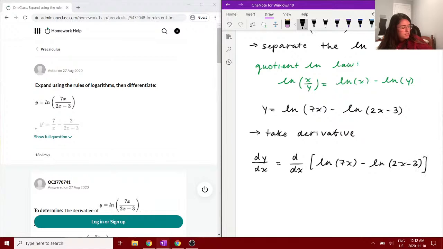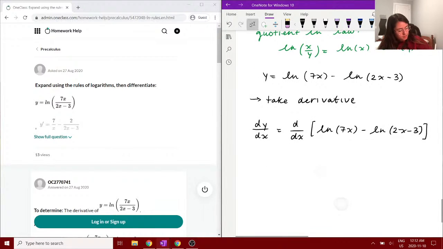And since these two are being subtracted, you can separate this derivative into d by dx of ln 7x minus d by dx of ln of 2x minus 3.